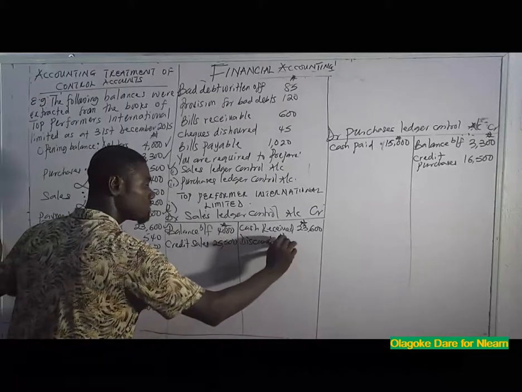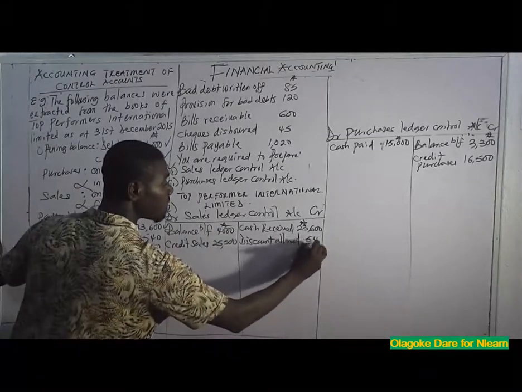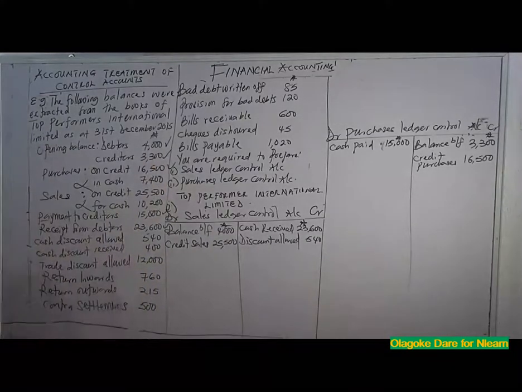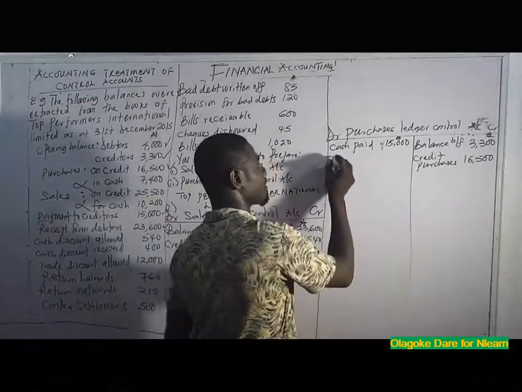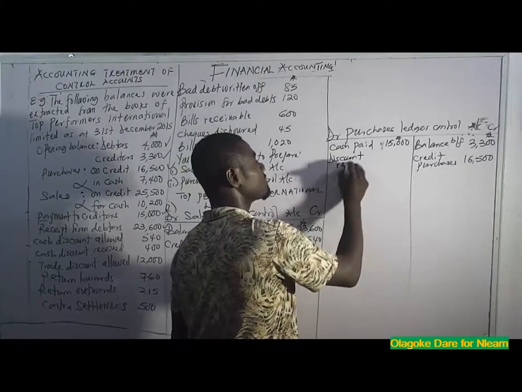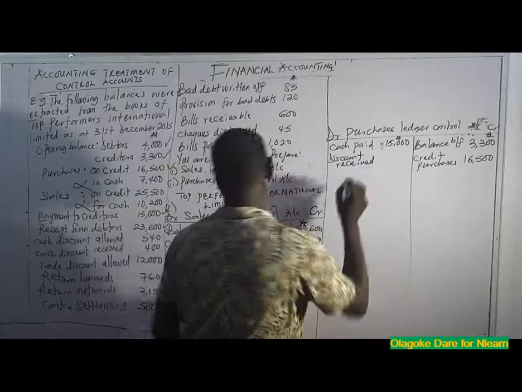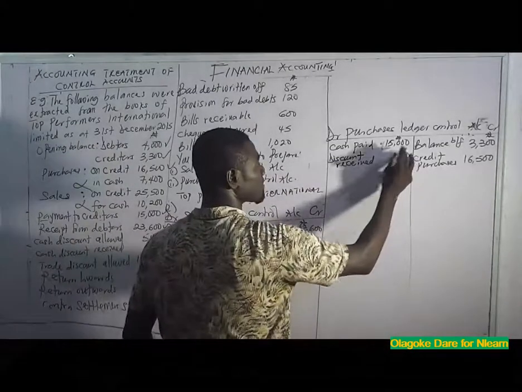The value is 540. Cash discount received. Discount received will reduce the debt owed to creditors. The value of our discount received is 400. It is here.